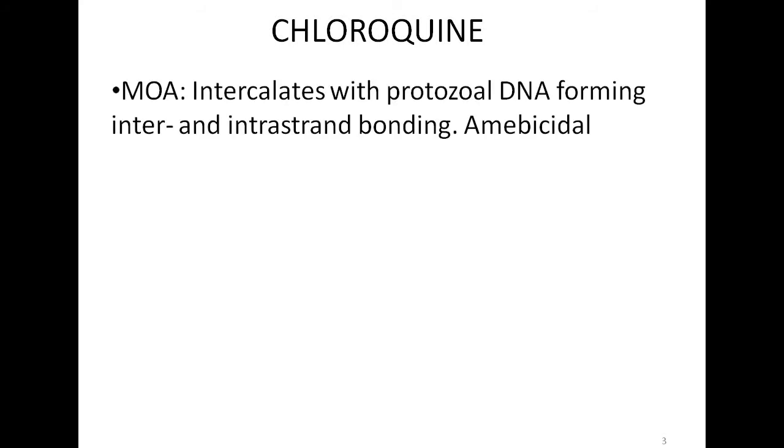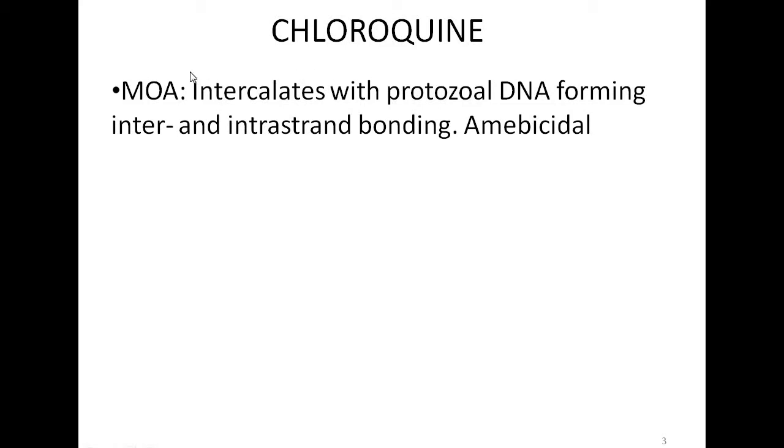Chloroquine is basically an anti-malarial drug. So the details of pharmacology of chloroquine we will study when we do drugs used in malaria. Now the mechanism of action of chloroquine as an amebicidal drug is that it intercalates with the protozoal DNA, forming inter- and intra-strand bonding.